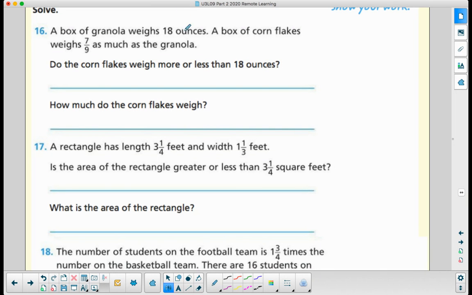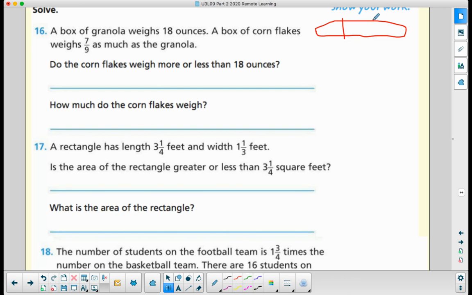Number 16. A box of granola weighs 18 ounces. A box of cornflakes weighs 7/9 as much as the granola. Do the cornflakes weigh more or less than 18 ounces? Okay, here is 18 ounces, which is a box of granola. Cornflakes are 7/9 of that, so I have to partition it into 9 equal parts.